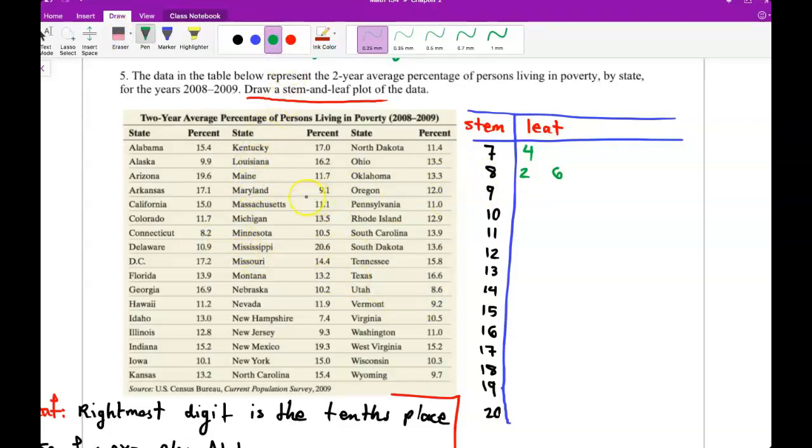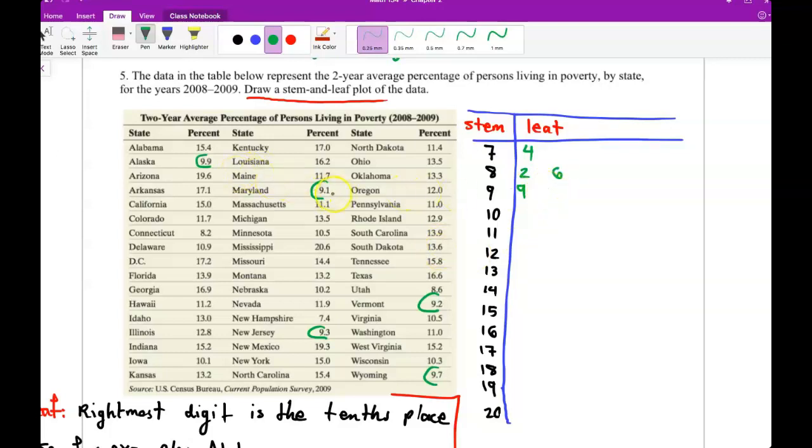Now we have 9: 9.1, 9.3, 9.2, and 9.7. We'll continue this way, finding all these numbers and writing them here.